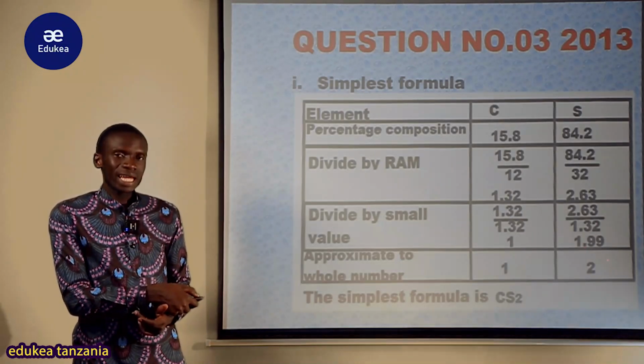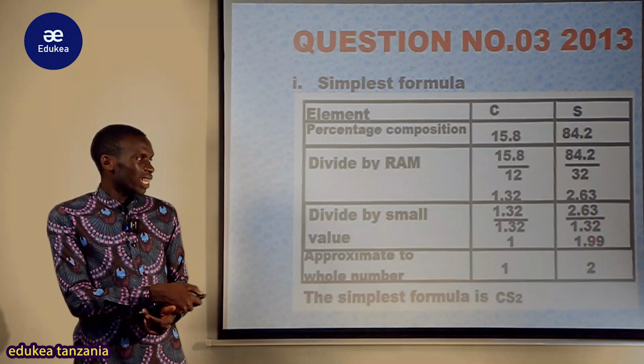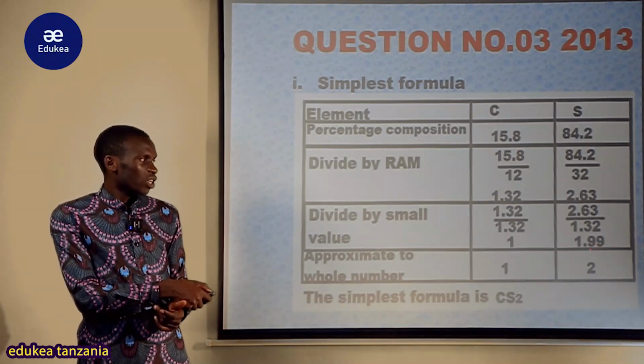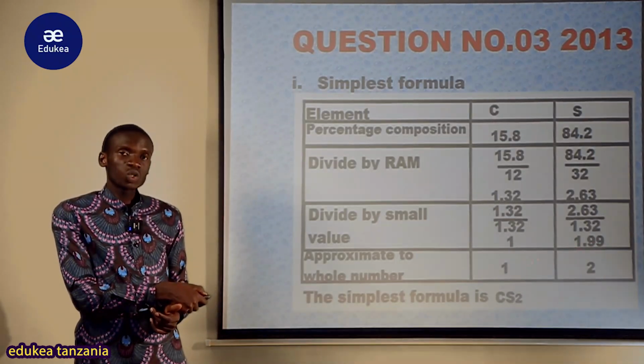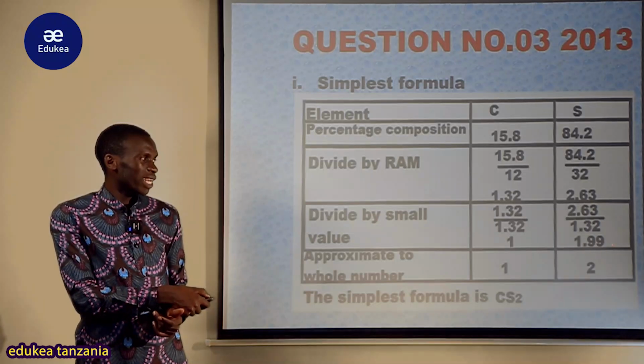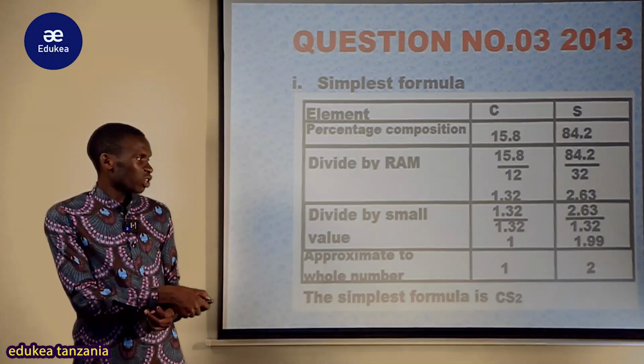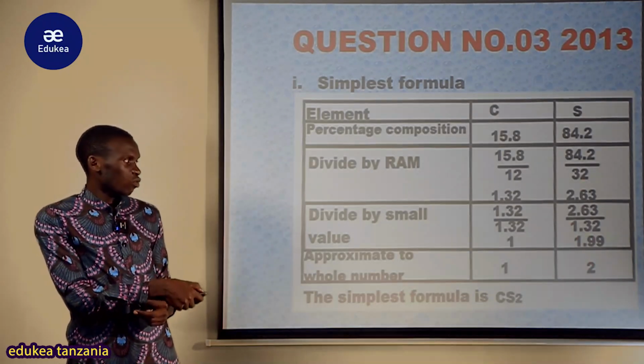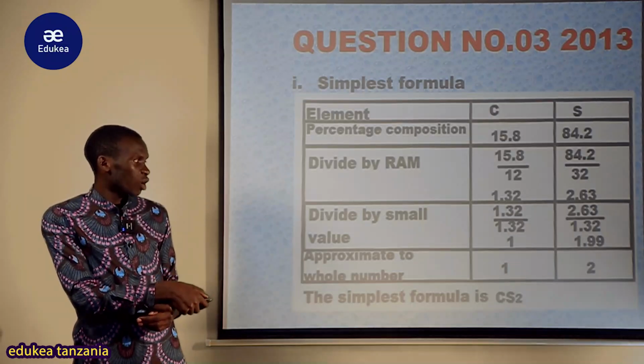For sulfur it is 1.99, which can be approximated to 2. So this will be the ratio for carbon and sulfur.